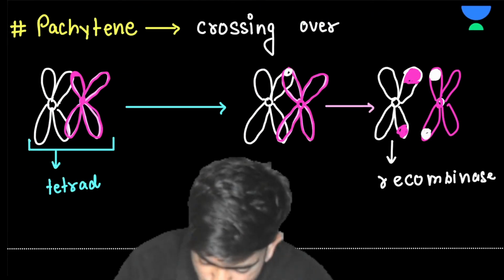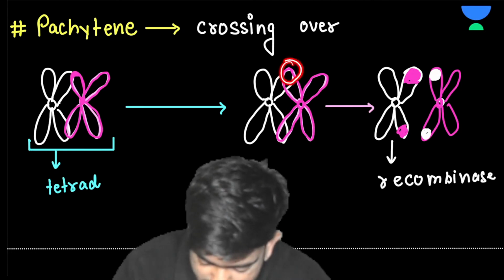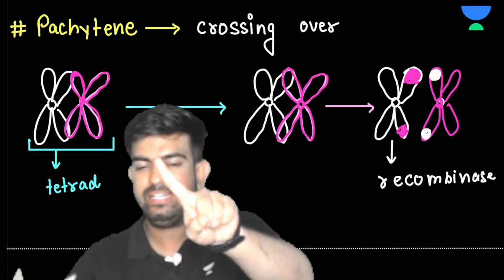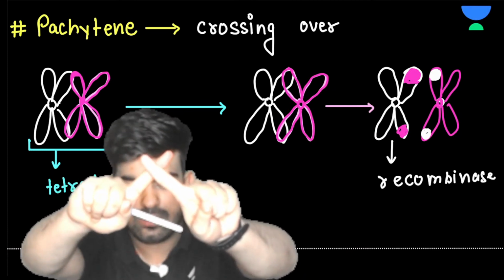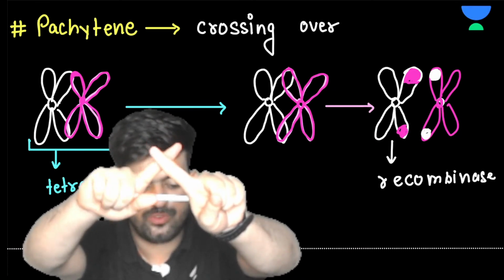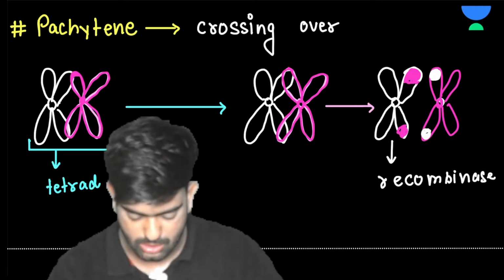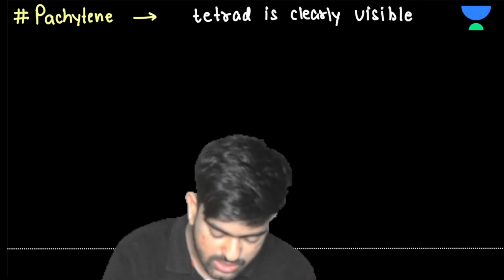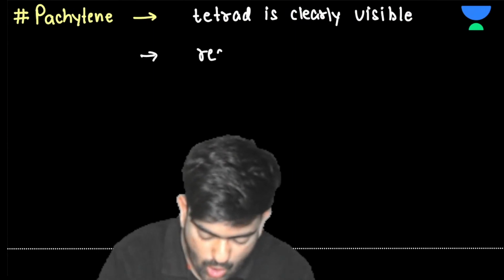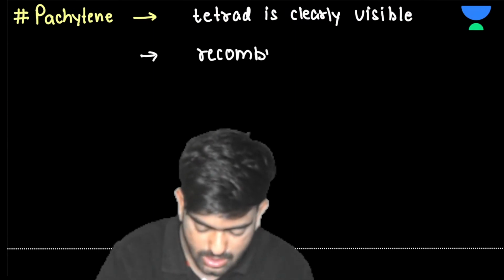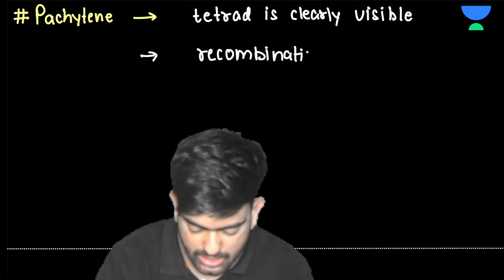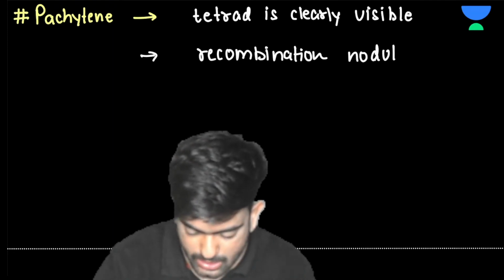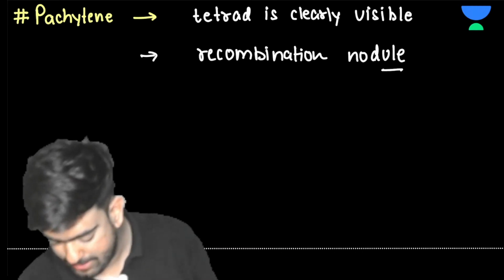This part is known as a recombination nodule. Suppose this is one chromatid, this is the other chromatid, and this structure is the recombination nodule. So I can write here: formation of recombination nodule. Clear? Yes, sir, it is pretty clear.